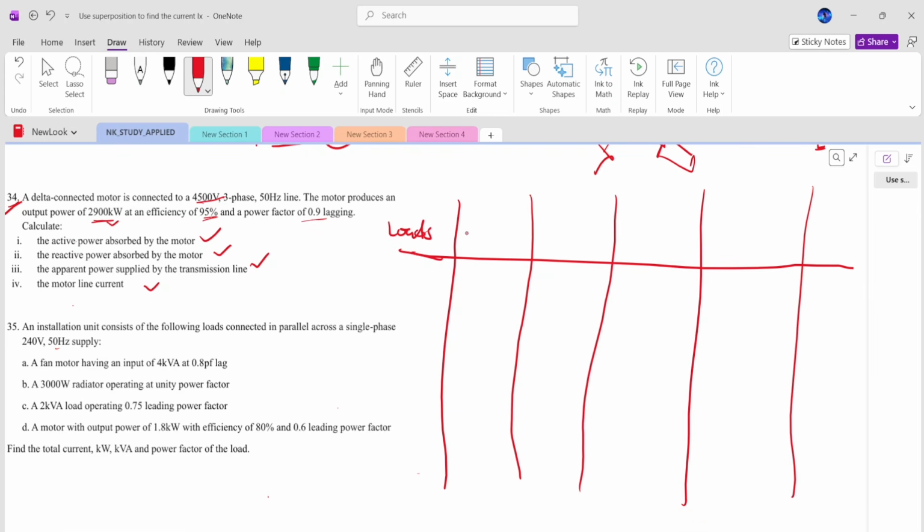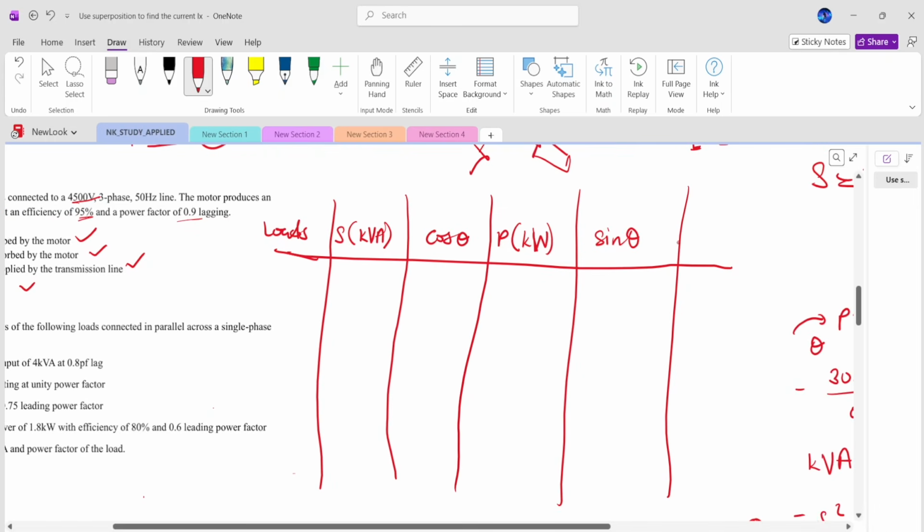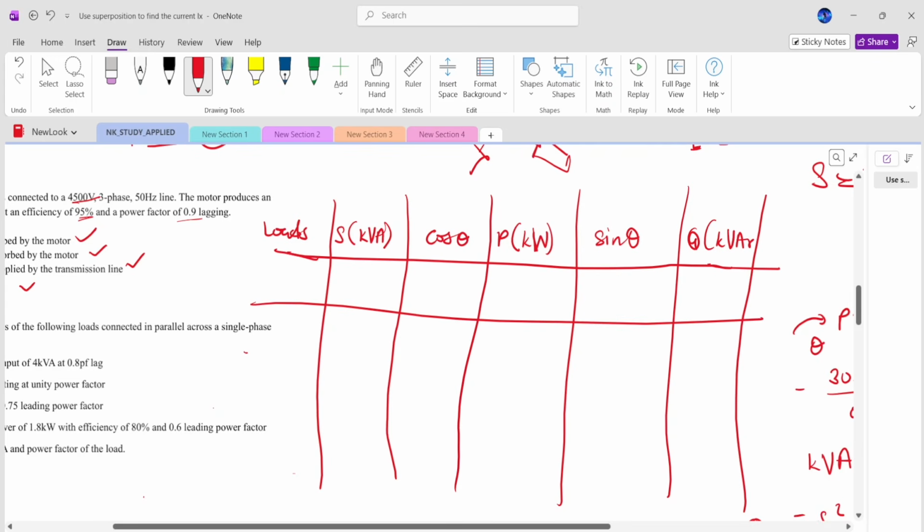Then our S in kVA, then cos theta, then our real power in kilowatts, then sine theta, and then the last part is going to be our Q in kVAR. We are going to use that to solve our total load.